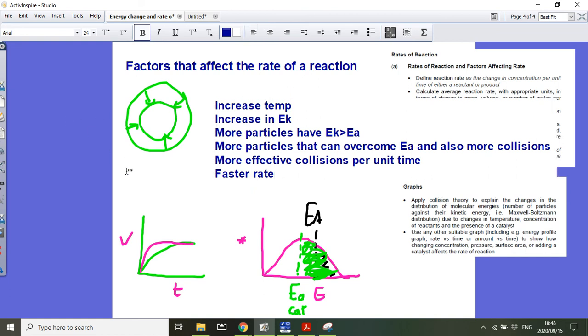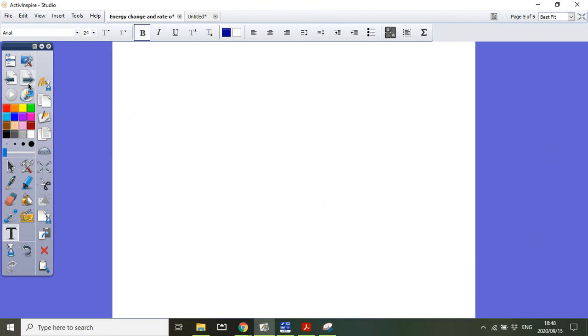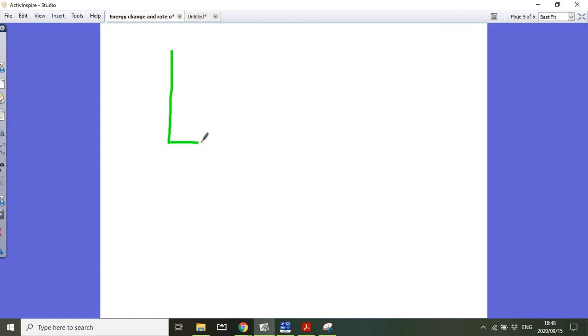And there we go. So all we have left to do is to see how that affects these graphs. The first one we actually spoke about already. But just quickly, if this was our graph originally, volume over time, a higher temperature will have a higher curve.